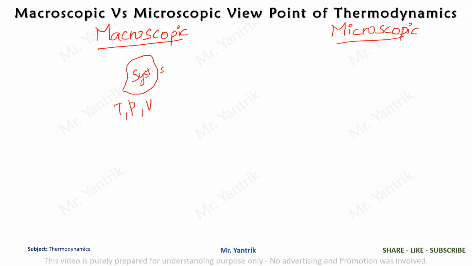So system S is taken. The temperature is considered on a whole, pressure is considered on a whole, velocity is considered on a whole. No individual point analysis needs to be taken in a macroscopic view.